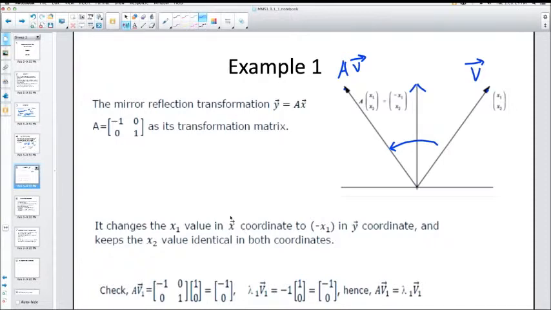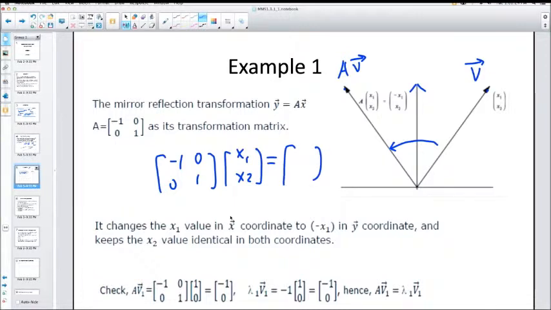If you have a vector x1, x2, and multiply by A, what do you get? You multiply negative 1 times x1 is negative x1, 0 times x2 is still 0, 0 times x1 is 0, 1 times x2 is x2.